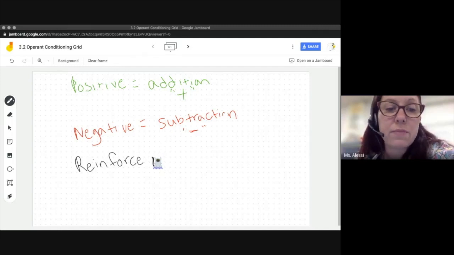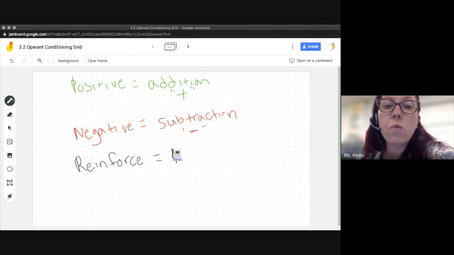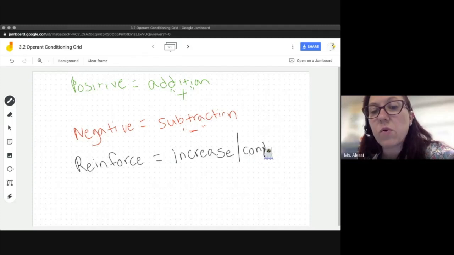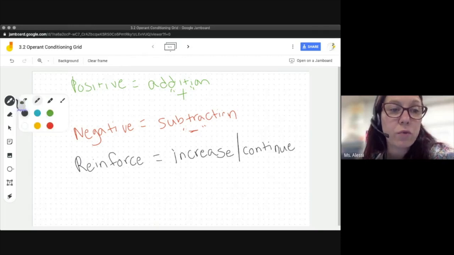So when I'm talking about reinforcing something, I want to increase the behavior or I want to continue, right? So this means the animal is doing something I want it to do, so I want to reinforce this. I want to increase or continue, right? So that's the reinforcing piece.